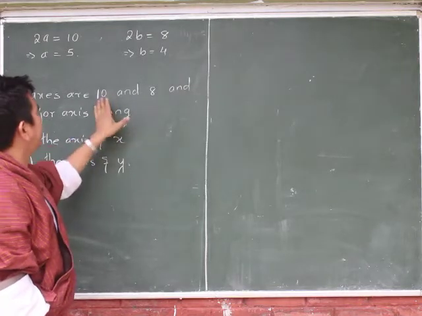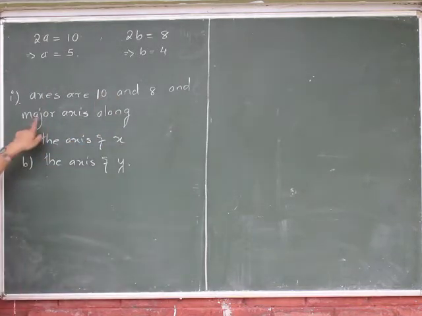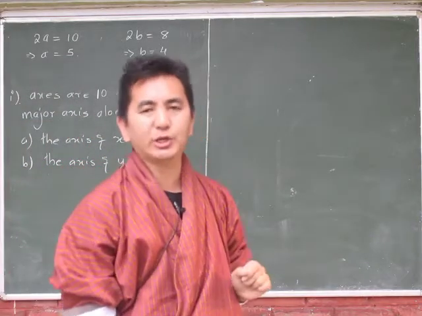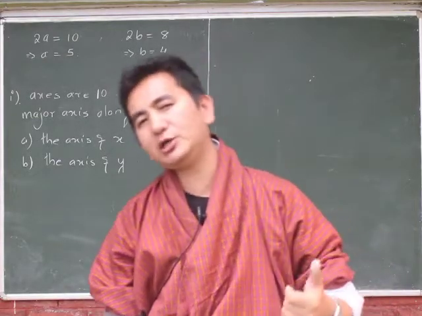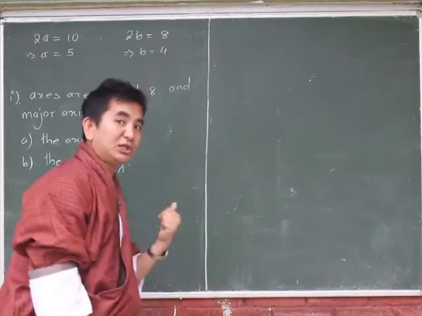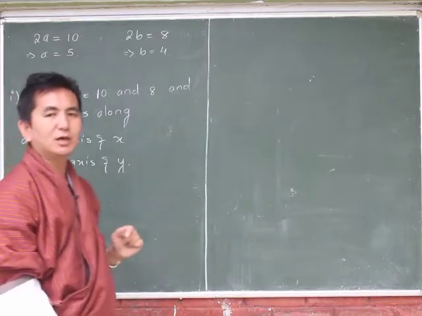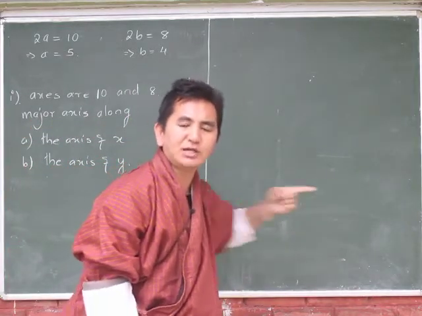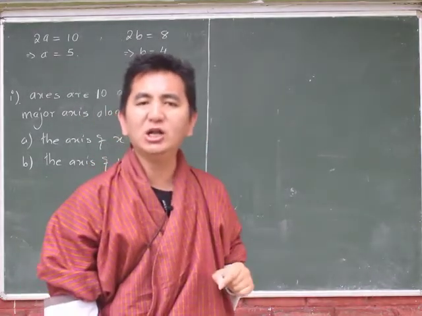First question says major axis is along the axis of x. Sometimes in a question there won't be any restriction, and you can take either horizontal or vertical. But here there is a restriction saying that major axis is along the x-axis, so definitely this is a horizontal ellipse.